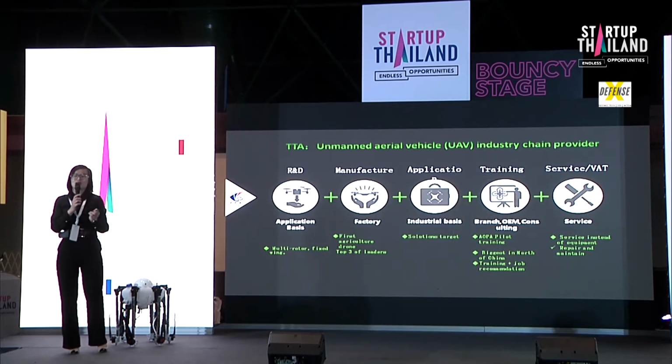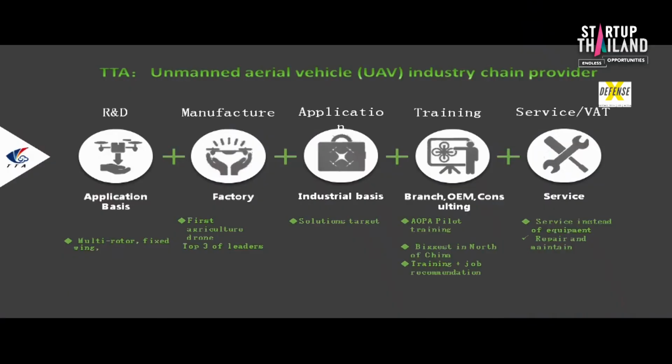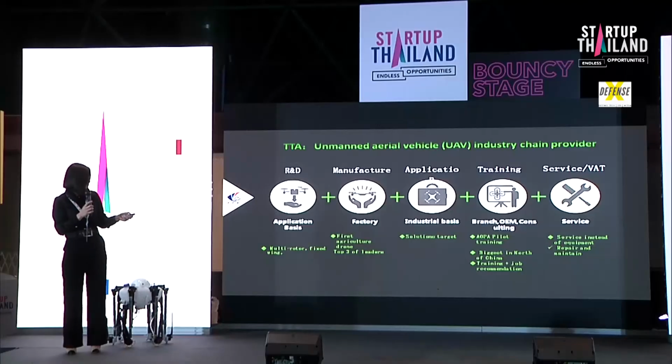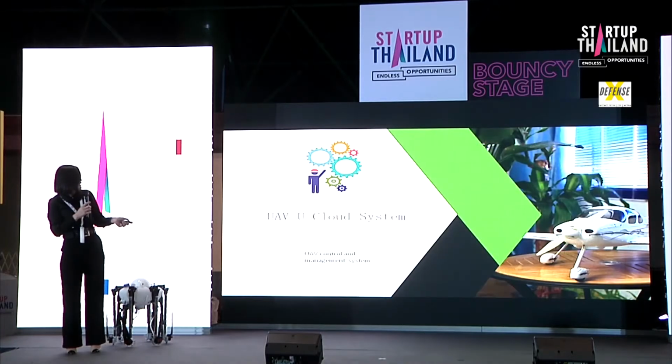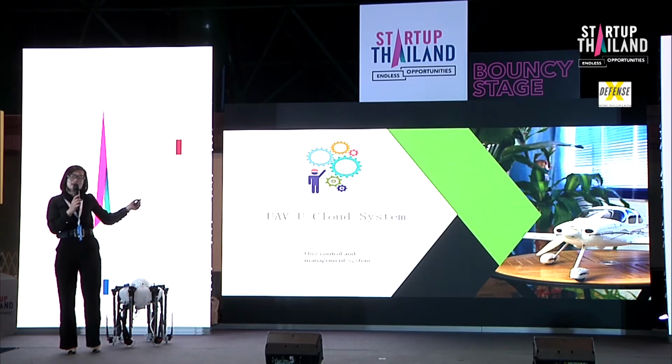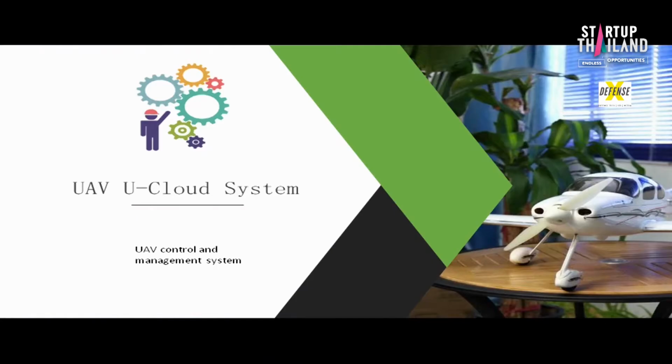To summarize, what do we do? We provide the UAV industrial supply chain, from R&D to manufacturing, to training, and also to the UAV tracking system. We provide the whole supply chain in the drone business. We are the developer of the Chinese UAV system, which we call the U-Cloud system.